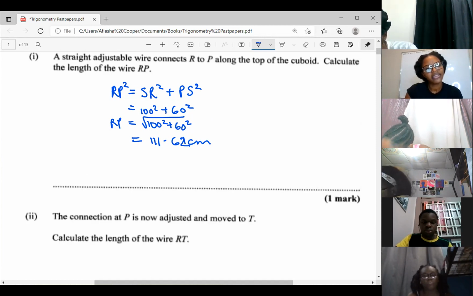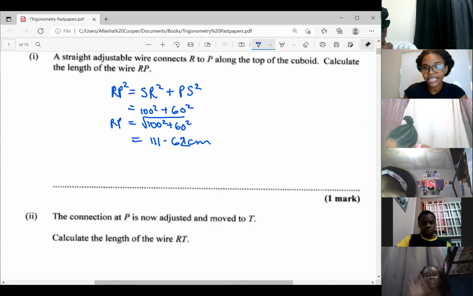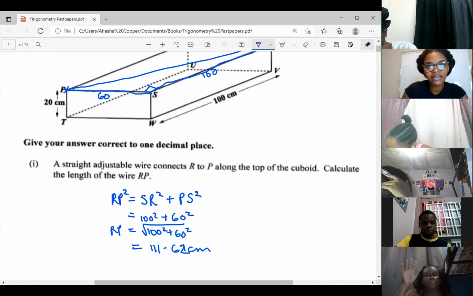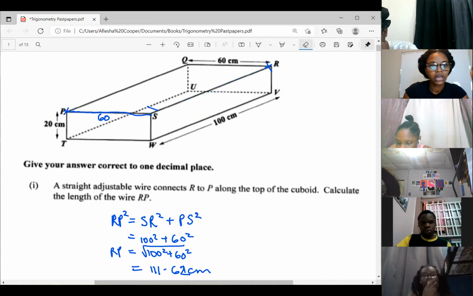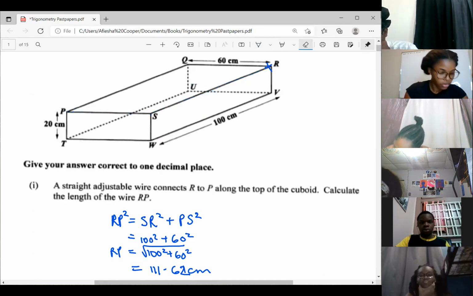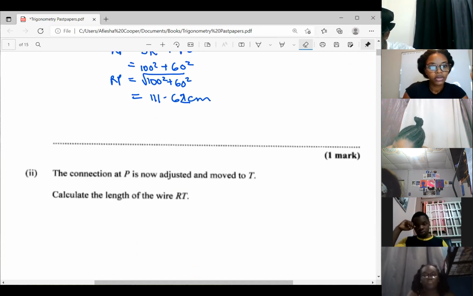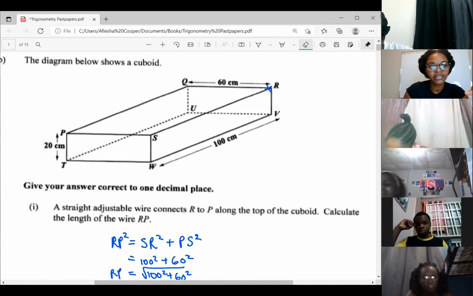All right. The connection at P is now adjusted and moved to T. So we're going to have a slight change in our line. Instead of RP, it went down in a kind of diagonal manner.